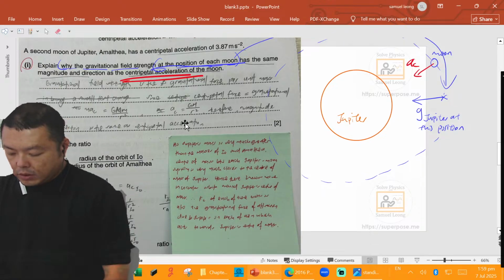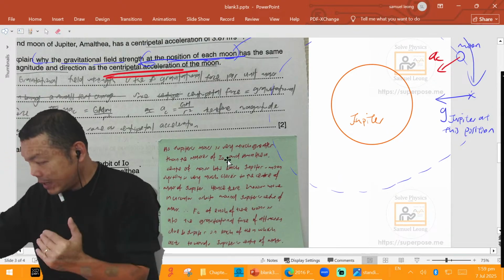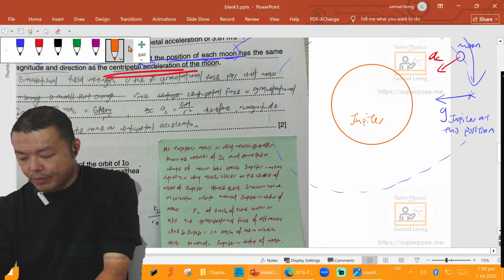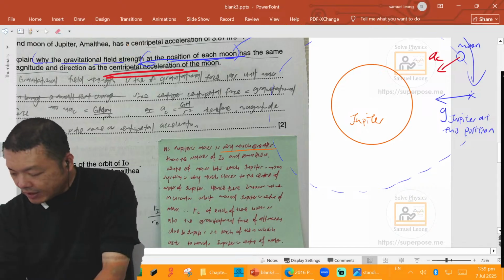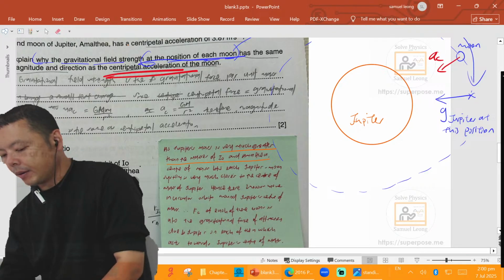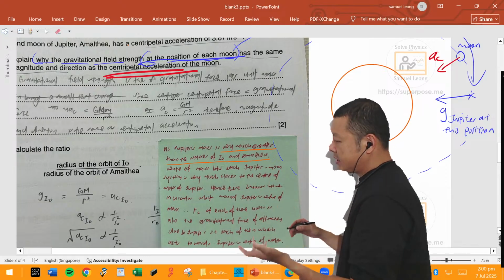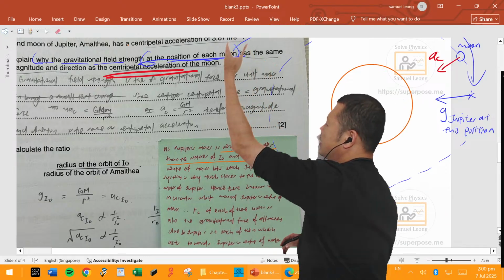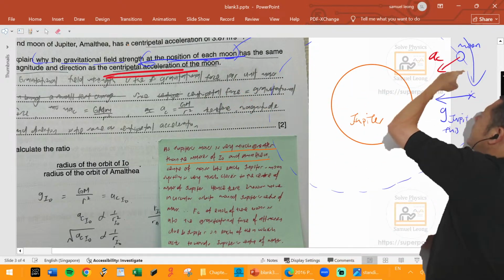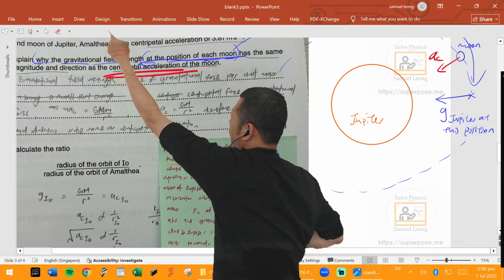Okay. So unfortunately, you understand the concept now, but you will realize that the answer key mentioned something like this: very much greater than the mass of Io. This is very frustrating, because what the answer key is suggesting is that the question seems like it's asking why the acceleration of one of the moons is not affected by the presence of another moon.